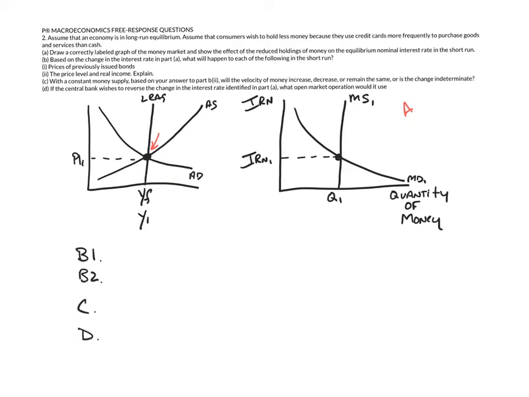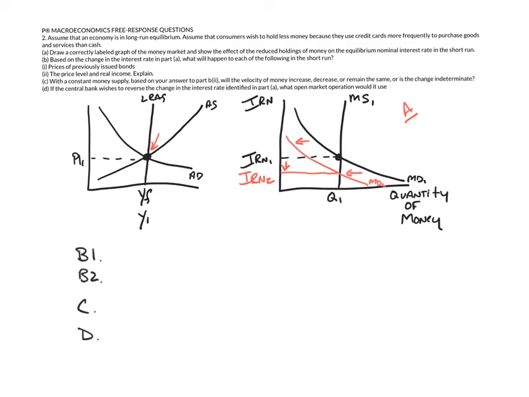Well, here's A, and basically what's going to happen is because they're using less cash, they're going to demand less cash, and therefore banks will demand less cash, and we'll see the money demand curve shift to the left. The effect of this is going to be right here. You're going to see nominal interest rates drop from here to here. So nominal interest rate will go down in the short run.